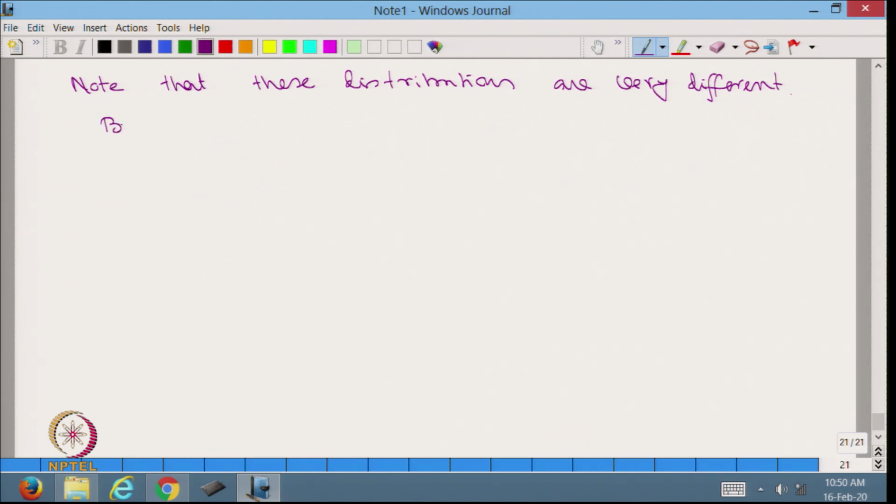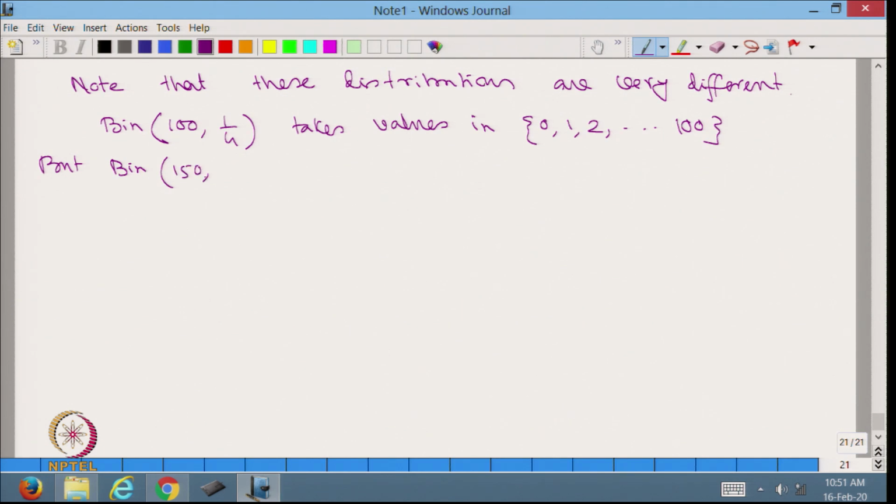Say binomial(100, 1/4) takes values in 0, 1, 2 up to 100, but binomial(150, 1/6) takes values in 0, 1, 2 up to 150.